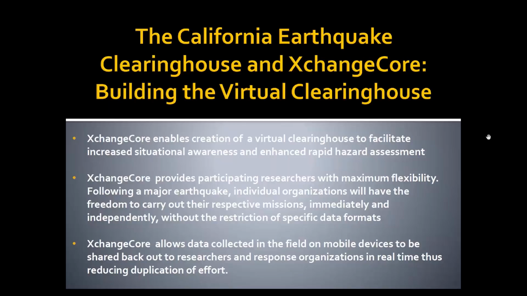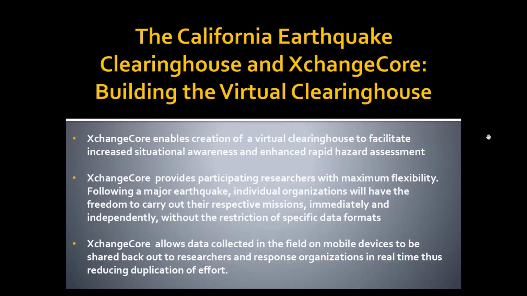And since 2012, the Clearinghouse has been using XchangeCore web service data orchestration in both state and national earthquake-themed exercises and two real California earthquakes to share field observations among all those different types of people that I described, both in the field and back in the EOCs. And a critical part of the Clearinghouse mission is that all of our members are self-directed.